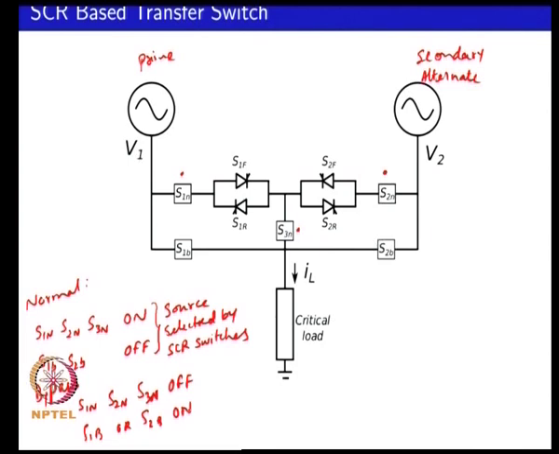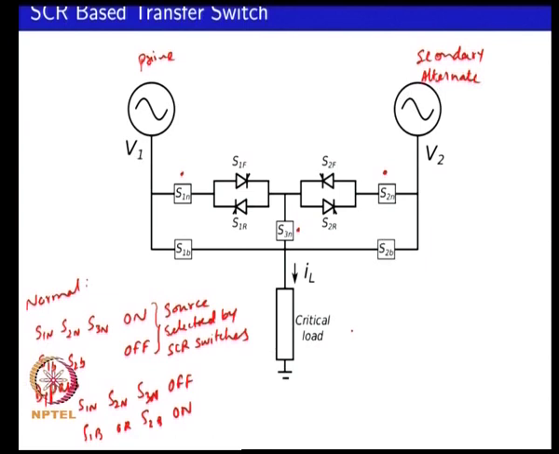So, your S1F and S1R would be triggered under normal condition, and if for some reason the power quality at V1 becomes poor, if the voltage drops, or if it gets too distorted, or if some parameter goes out of the acceptable range for the critical load, then you want to shift over to V2.